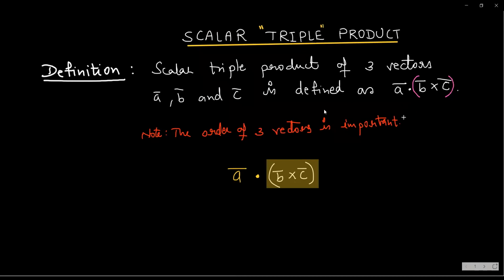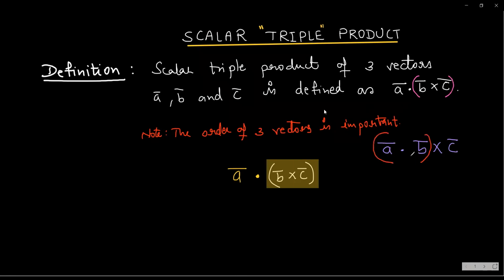Even if I do not put a bracket, try to understand, students, say it is A bar dot B bar cross C bar. I'm not putting a bracket. Is there a chance that I go for this first?